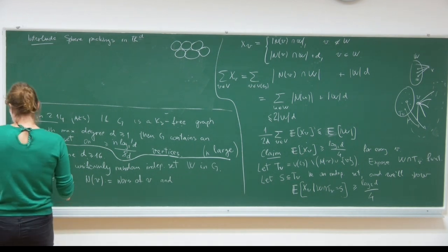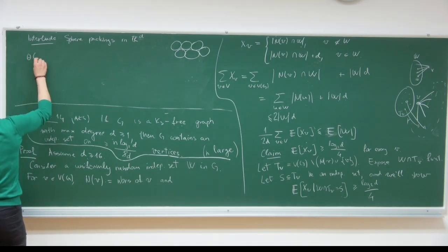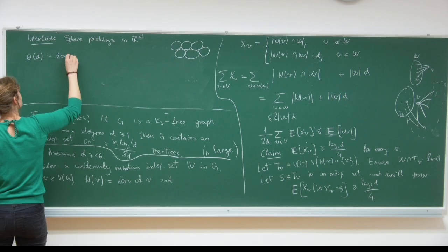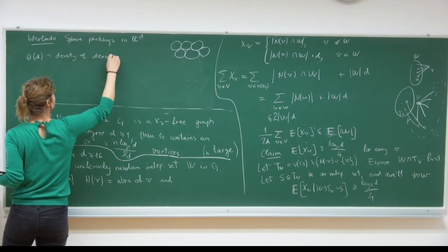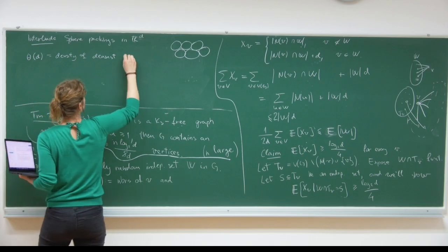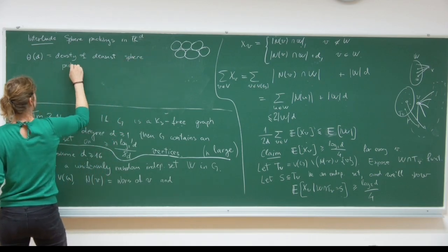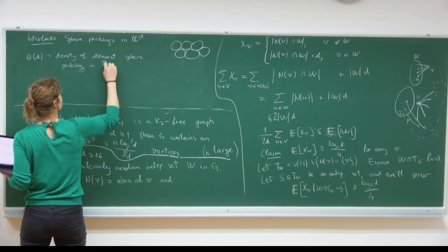So in general, we define, very informally, theta of D to be the density of the densest sphere packing in R^D.